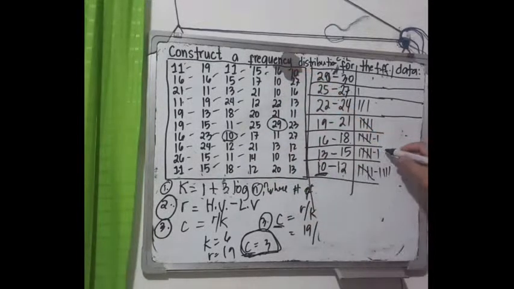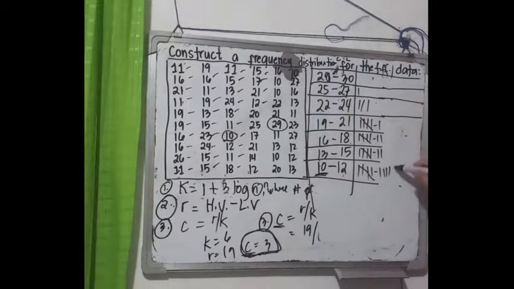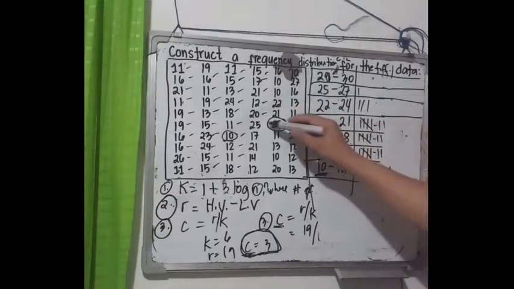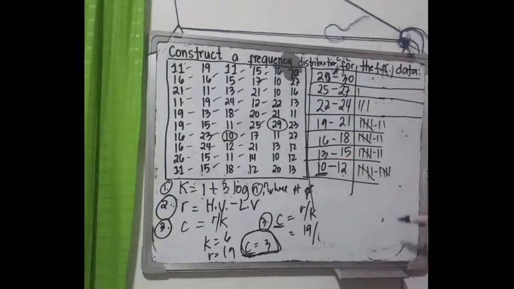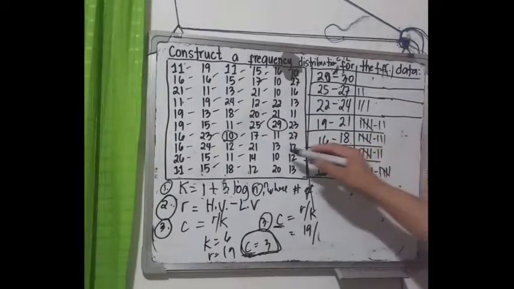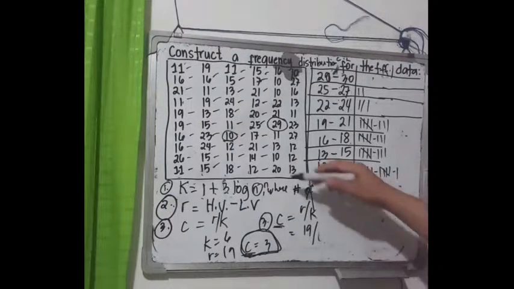Next, 15 here. 17 here. 21, this one. 12 here. 20, this one. 25 should belong here at the top. 17 here. 21 here. 14 here. 12 here.